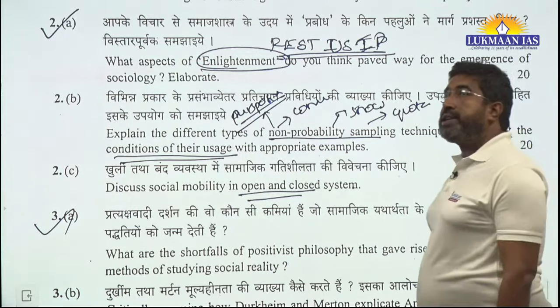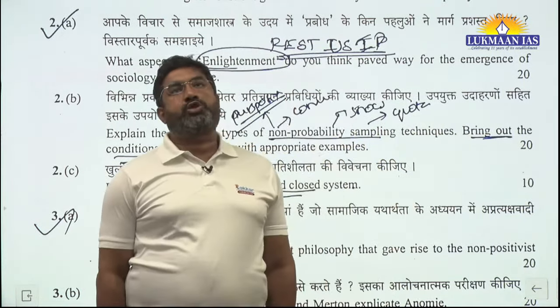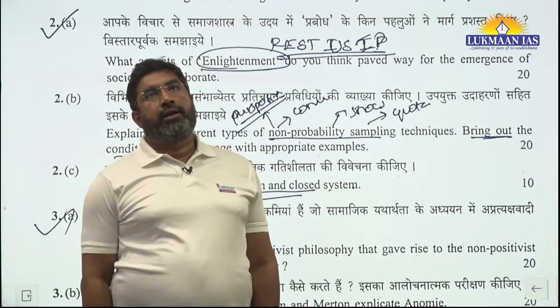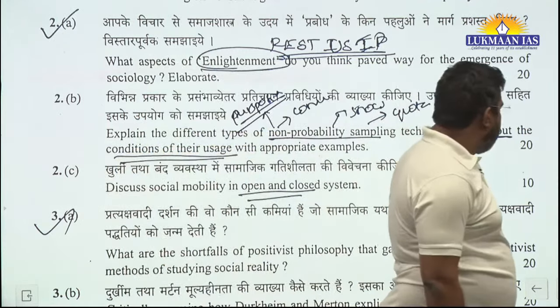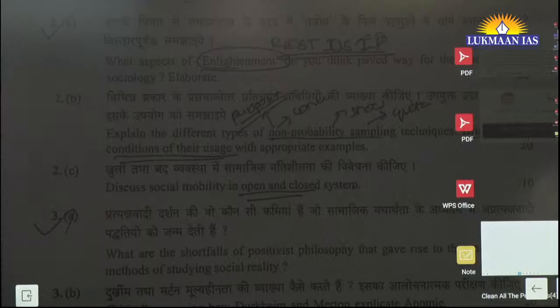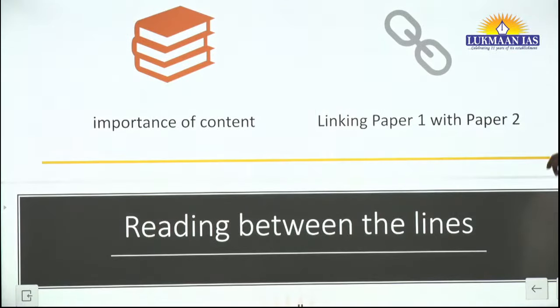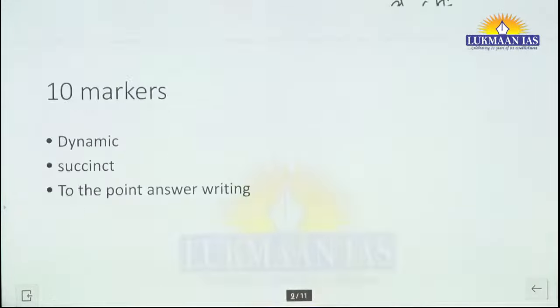See, the focus is not on the emergence of sociology, but rather on the aspect of enlightenment. And in this context, it is important to understand what aspect of enlightenment can be related with the emergence of sociology. I tried to draw a brief diagram for this question particularly.